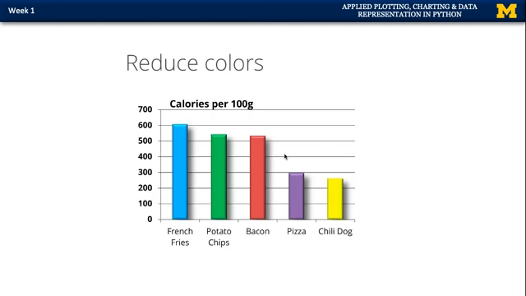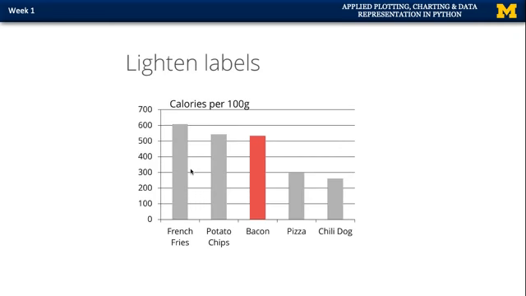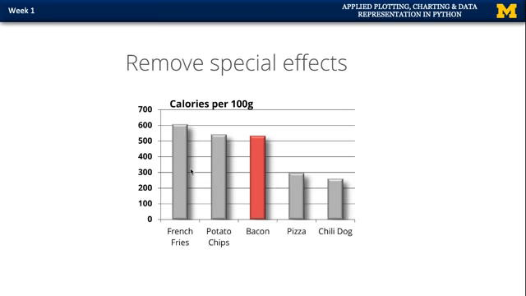So you see here we go to a grayscale image, and we have some special effects like shadow, which makes it look nice, but it's just extra information. The same information can be presented by removing the special effects.